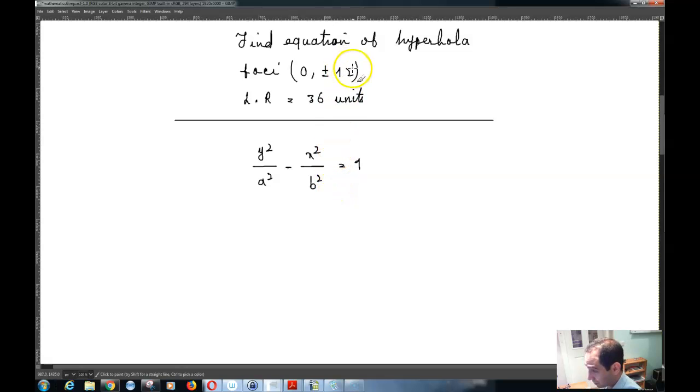And since your foci are c units away from the center, that means that your c is equal to 12. Now the length of the latus rectum is 2b squared by a is equal to 36 units.